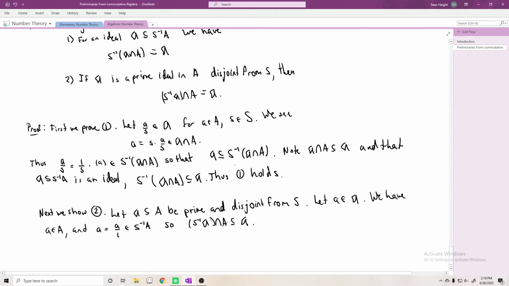Wait, sorry, I've flopped this. We didn't even have to use the primeness or the disjointness from S to get the one containment that 𝔭 is contained in S inverse 𝔭 intersect A. The concern is maybe this is bigger now.